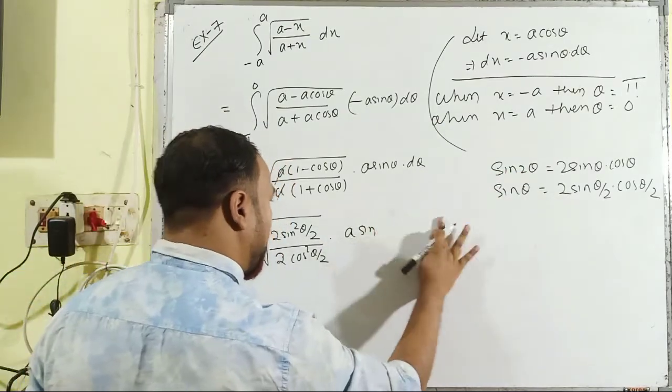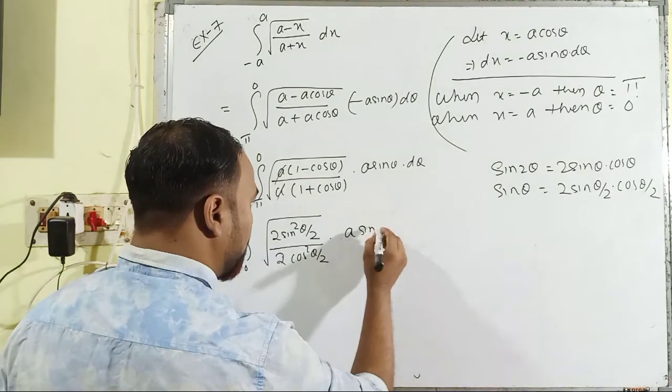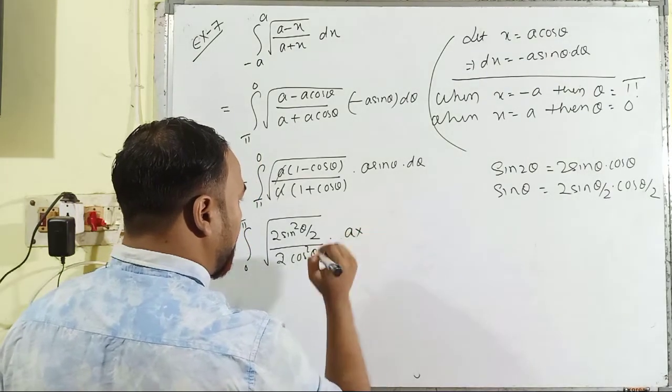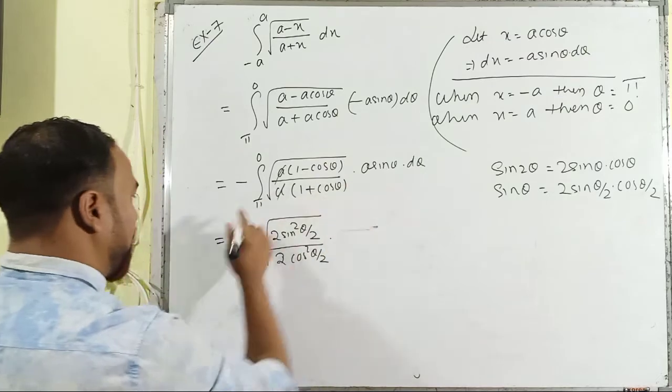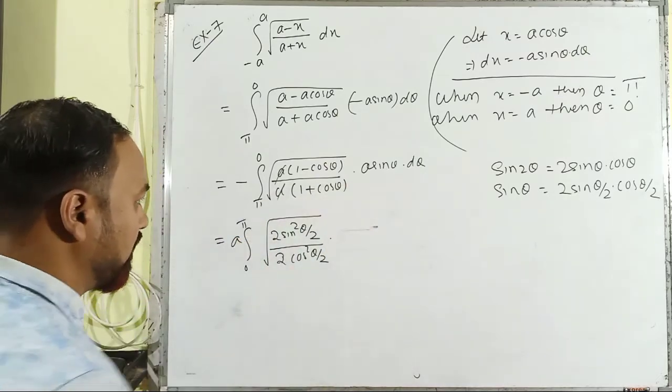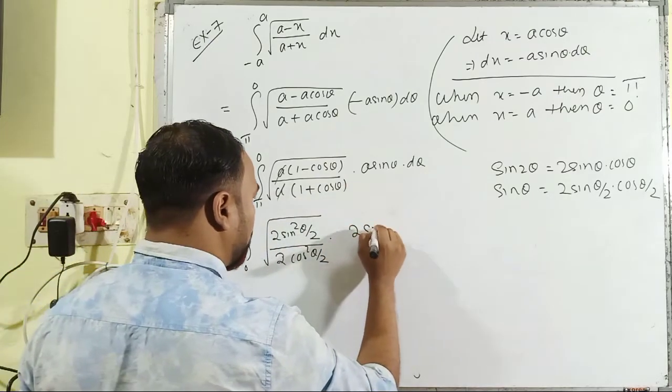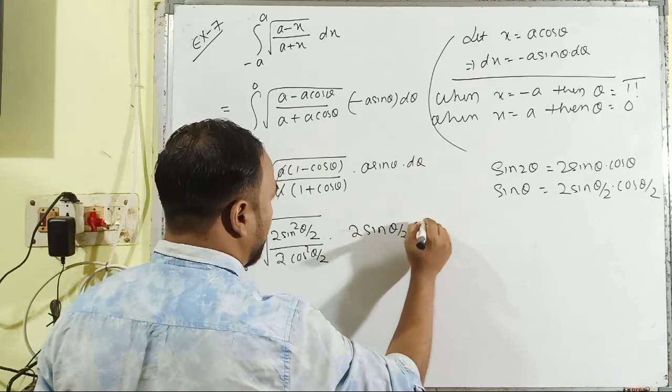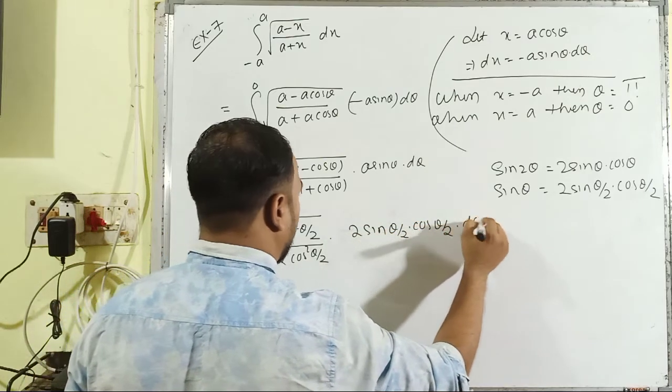Okay, here you can also write a multiplied with, let us take the common a towards the left-hand side, then it will be 2 sin theta by 2 multiplied with cos theta by 2 d theta.